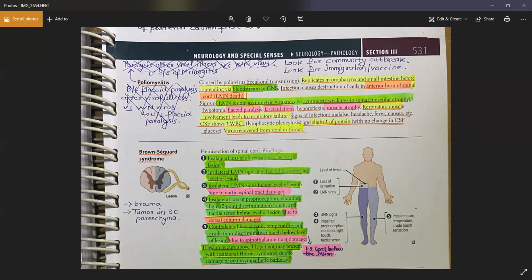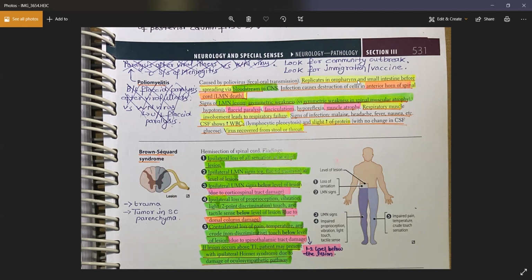Basically, whenever you acquire this infection, first the virus will replicate in the oropharynx and the small intestine, because you guys know that this virus is acquired by the fecal-oral route, right? Because it does not have any kind of an envelope, it only has this inner core, which has very high resistance to the surroundings, so it can be transmitted by the fecal-oral route, right?